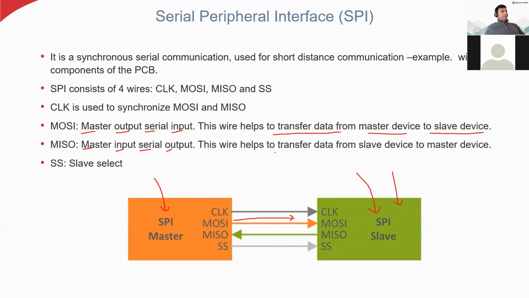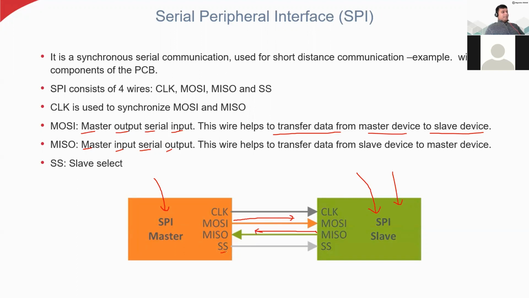So this wire is helping to transfer the data from slave device to master device. Once you transfer from here to here, of course, maybe you need to receive some acknowledgement and so on, right? It's a bidirectional communication. So you are also sending some data from slave to master using this MISO wire.